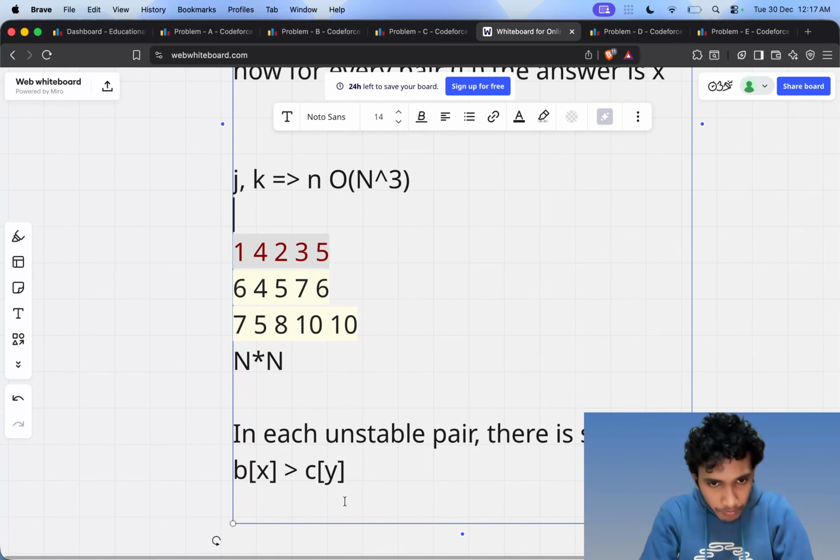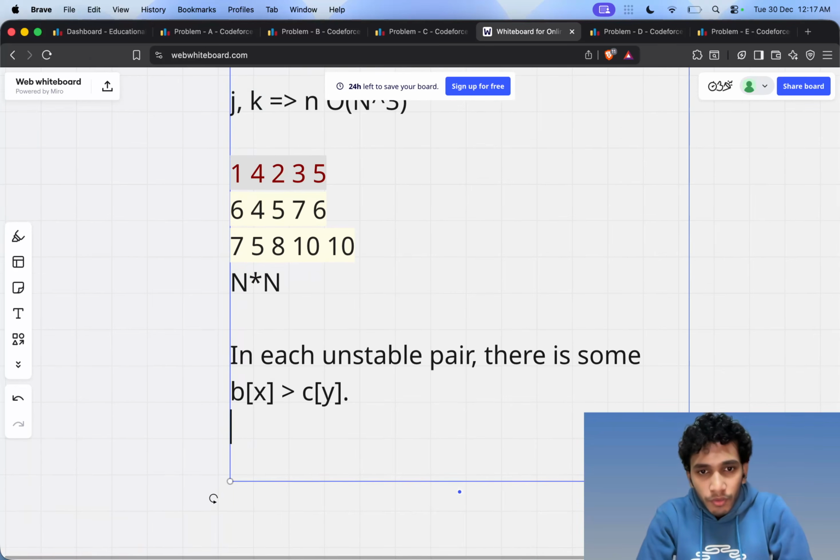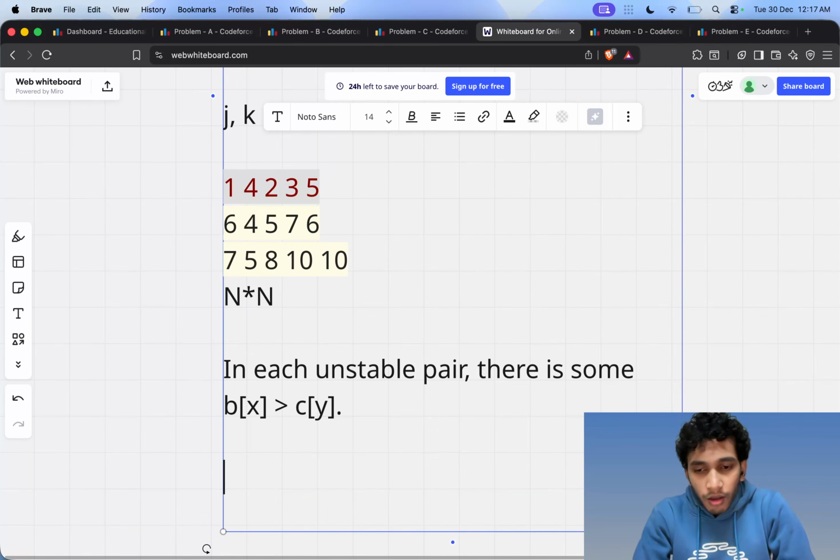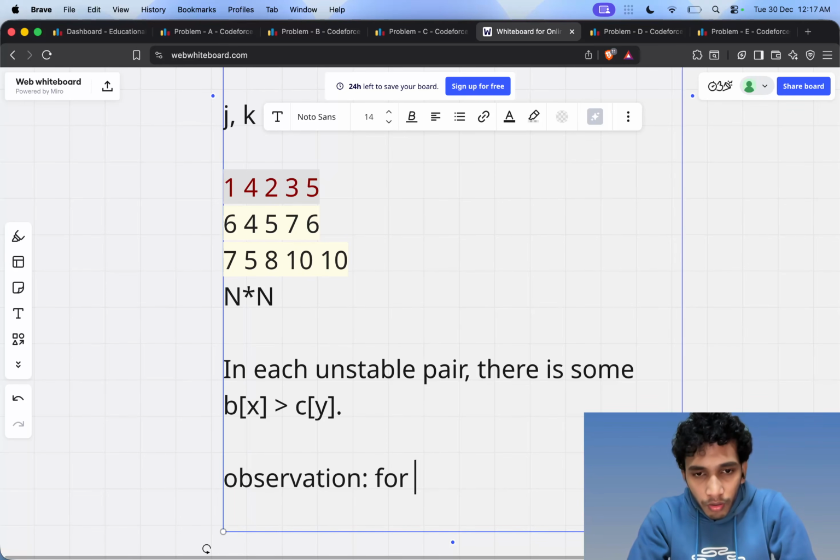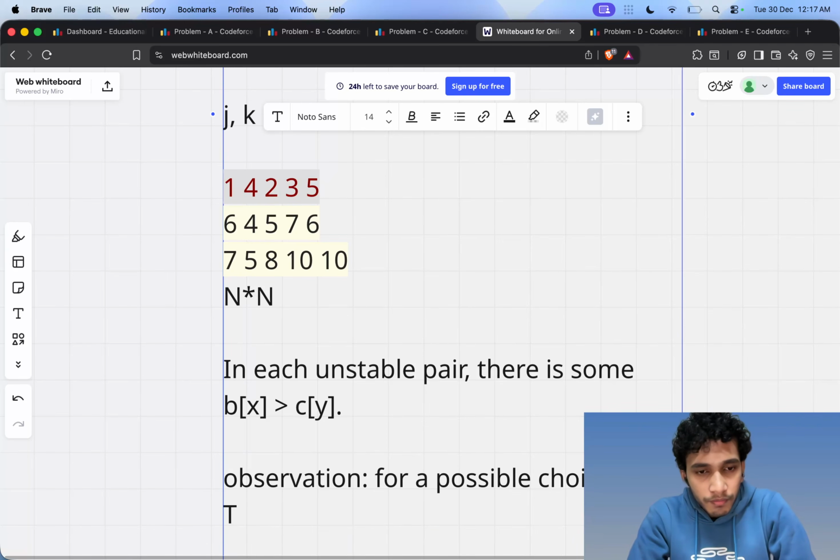How can we do so? We already observed that for a possible choice of j comma k, the difference of indices for each pair remains constant.